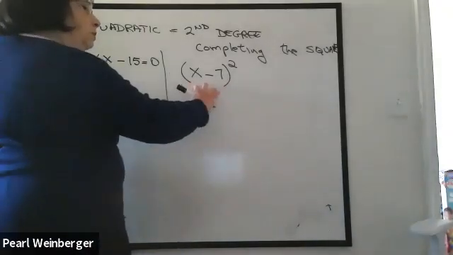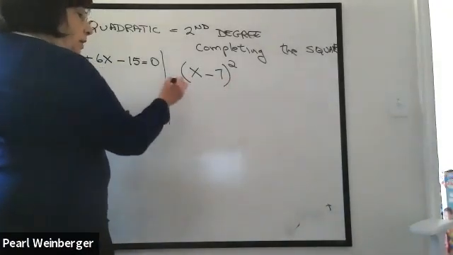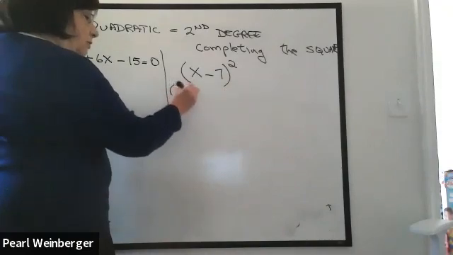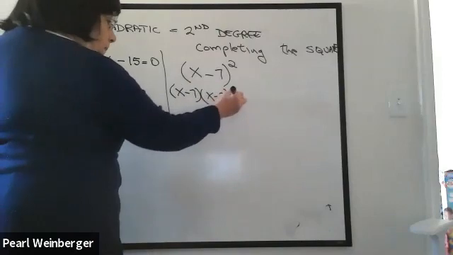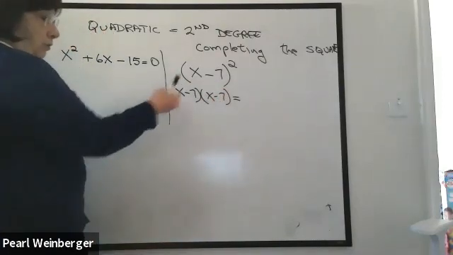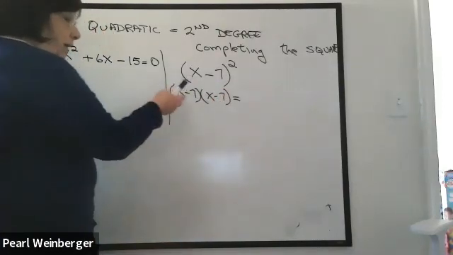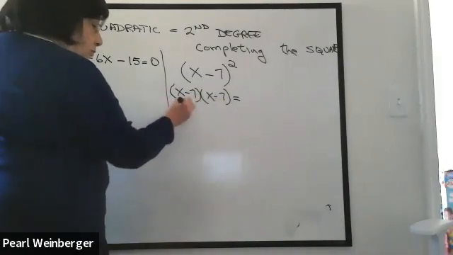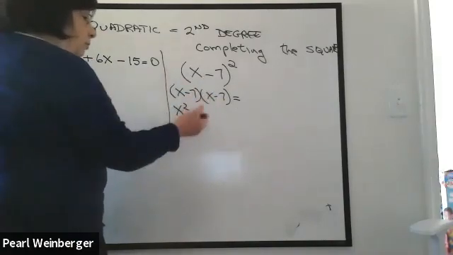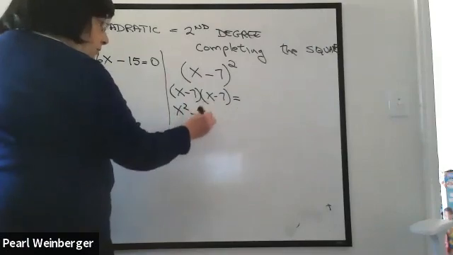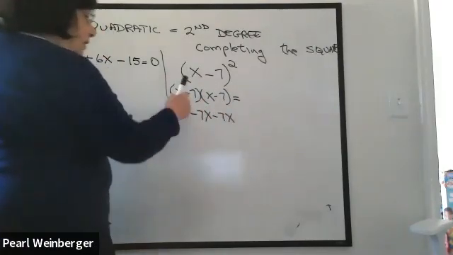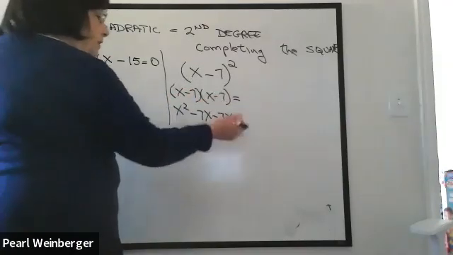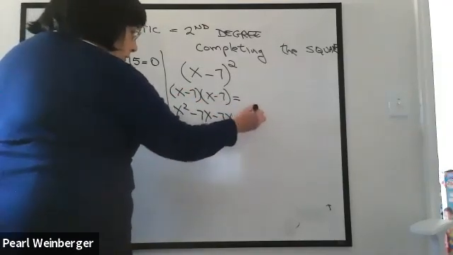If I wanted to do x minus 7 squared, I would really have to do x minus 7 times x minus 7. And I'd have to use FOIL. X times x is x squared. Outer is negative 7x. Inner is also negative 7x. And last is negative 7 times negative 7, which is plus 49.